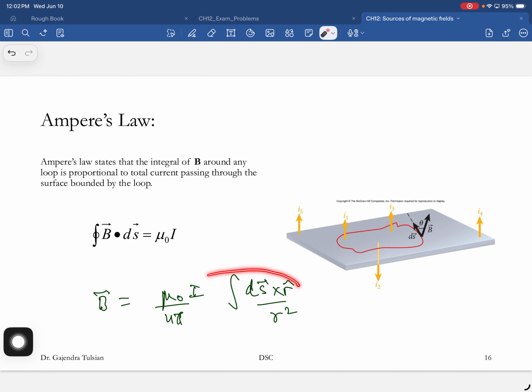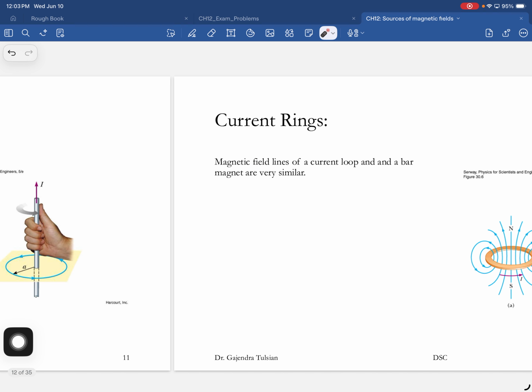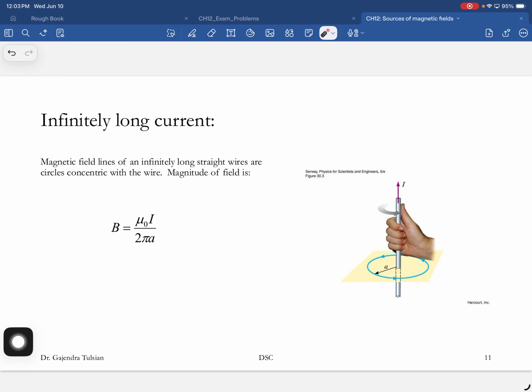In some situations, this is easier to use. In some other situations, this is easier to use. In general, this will be a lot easier to use to calculate the magnetic field in symmetric situations. For instance, this expression that we got was gotten from Ampere's rule. It's much easier to calculate it using Ampere's rule.